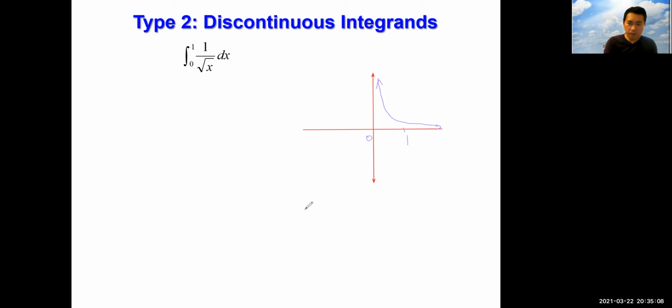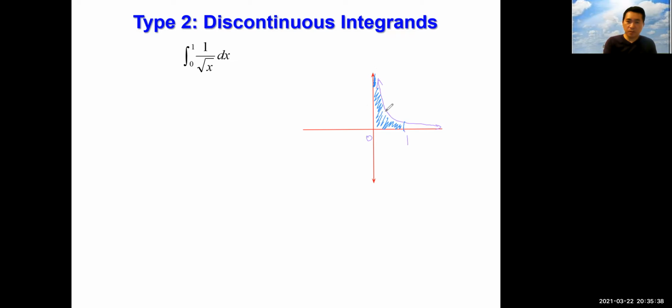The question here is really asking for the area underneath the curve from 0 to 1. Now you can see there's a big issue here, see this gap, because there's a vertical asymptote at 0. At 0 the function is not defined, and as x approaches 0 from the right it goes to infinity, so we have a vertical asymptote there.